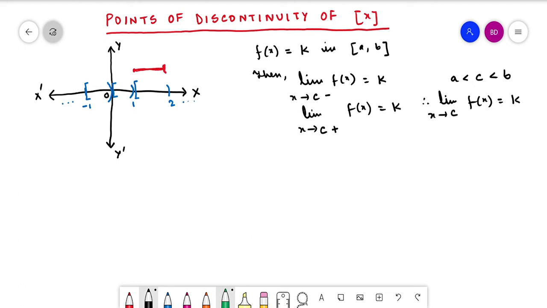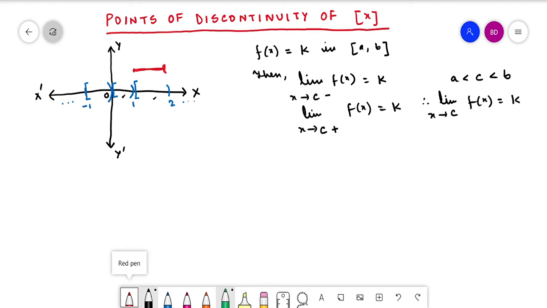So we are going to use this concept here. Why? Because you know that in each of these intervals (0, 1) or (1, 2), the function box x behaves as a constant function. Now to check the points of discontinuity of box x, we will do this in two different parts.